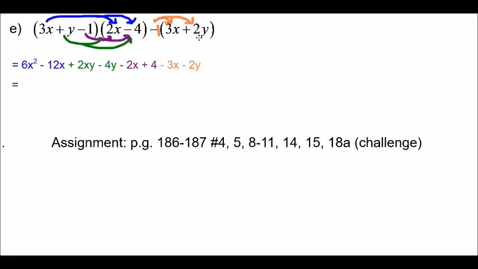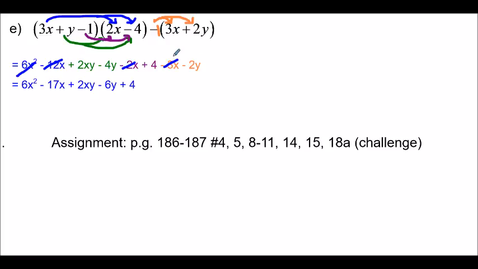Once I've done that, I can get back into combining like terms. So when I combine my like terms, I have a 6x squared, so I'm going to just rewrite that down. I have negative 12x minus 2x will give me negative 14x, minus 3x will give me negative 17x, so I can put that down on my next line.